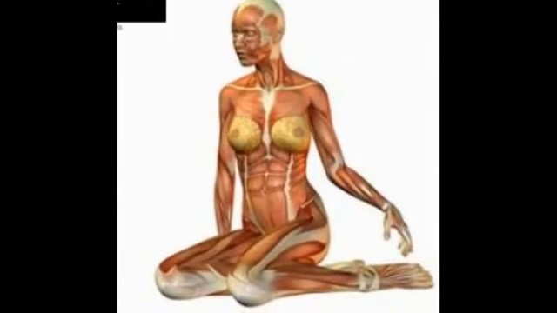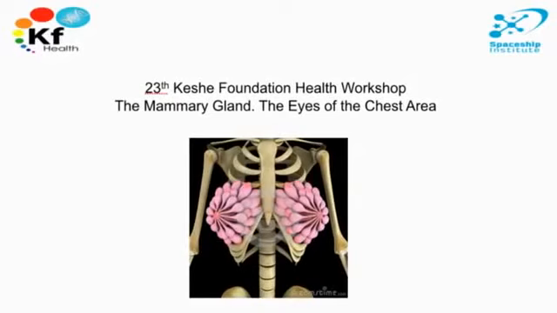In men, the presentation of the chest area is muscle and skin, and the glandular mammae is in a rudimentary state. For women, above the muscles, we have connective tissue.